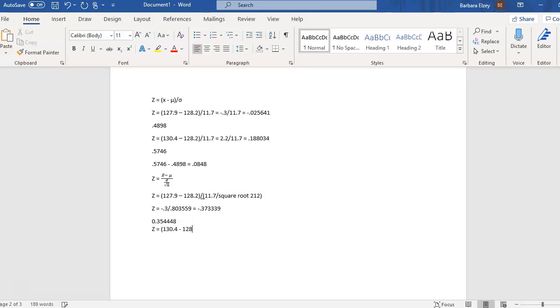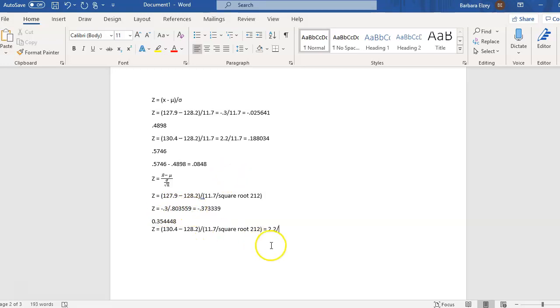All right, now let's do our second X value, 130.4 minus 128.2. But the bottom of the fraction is now 11.7 divided by the square root of 212. So just like above, we can sort of cheat and look up here. The top of the fraction is still 2.2. And we can cheat a little bit here too because we know what the bottom of the fraction is.